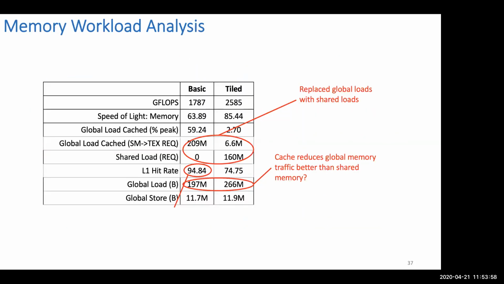This memory workload is really where we're going to see the biggest difference in this code. I may be wrong on this, and I don't have a whole lot of basis, but my conjecture is that the way they define speed of light is the highest possible memory bandwidth you can get, considering the shared memory and so on.